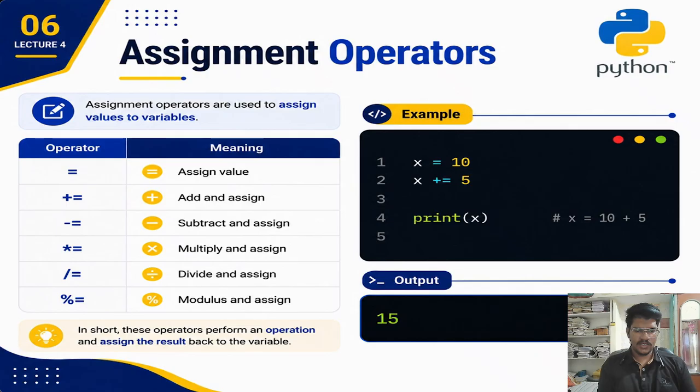Next up, let's talk about assignment operators. You already know the basic assignment operator equal to, which we use to assign a value to a variable. Python, and many other languages, offer what we call compound assignment operators.